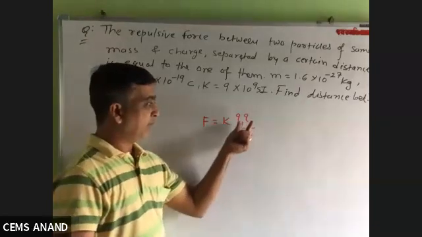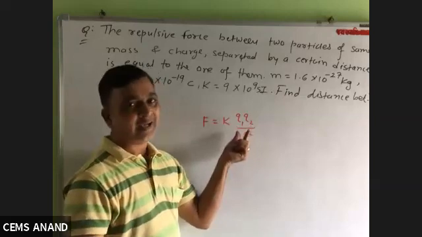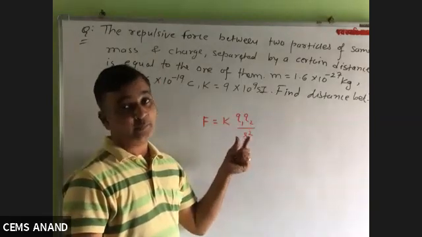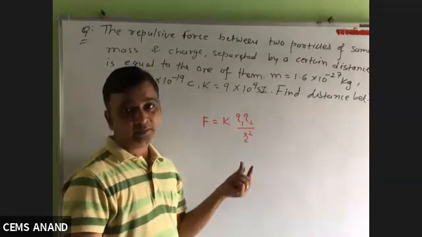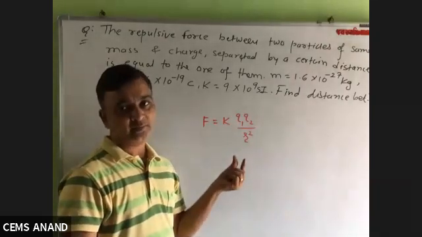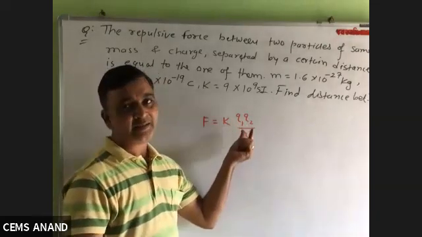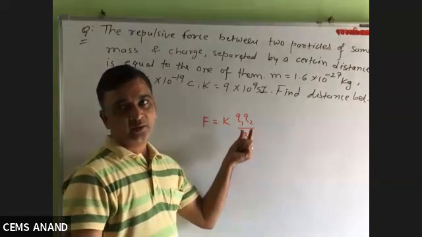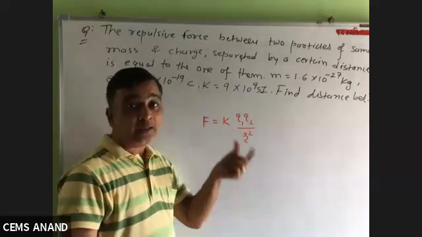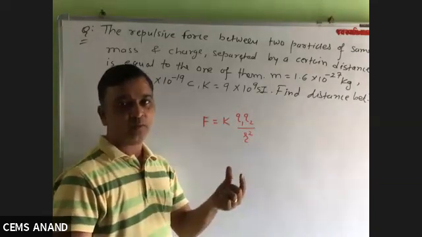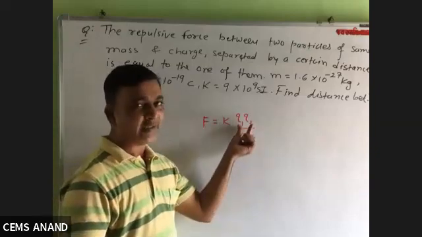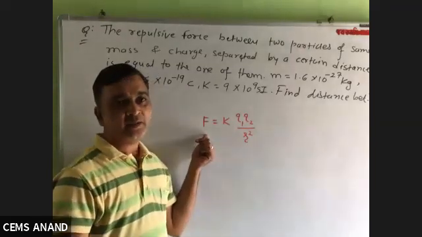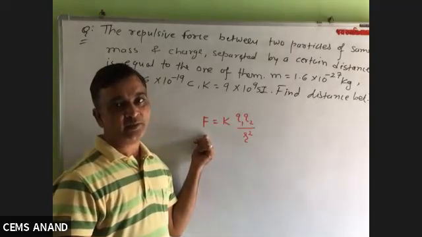But these two charges may be of equal type or different. If those charges are of equal type, that is both are positive or both are negative, then the force generated between them is repulsive in nature.